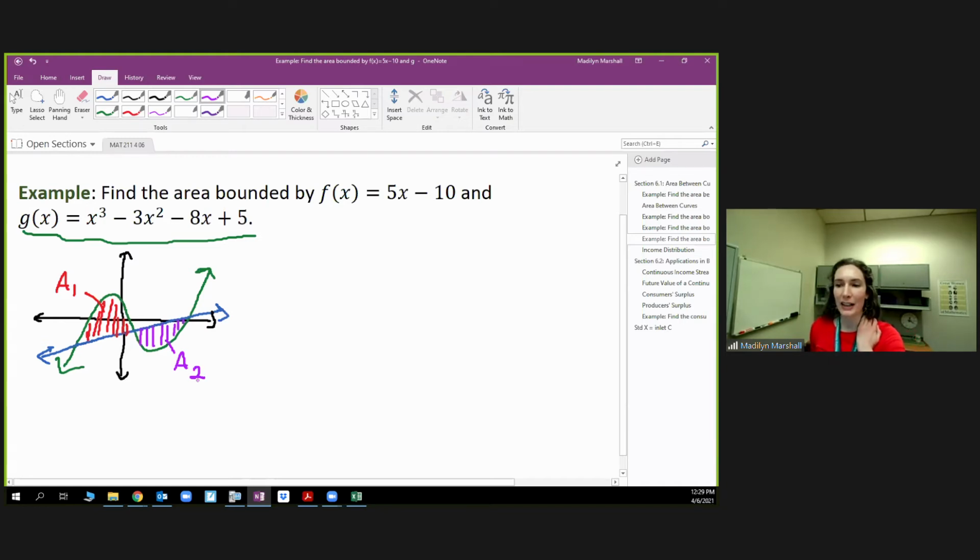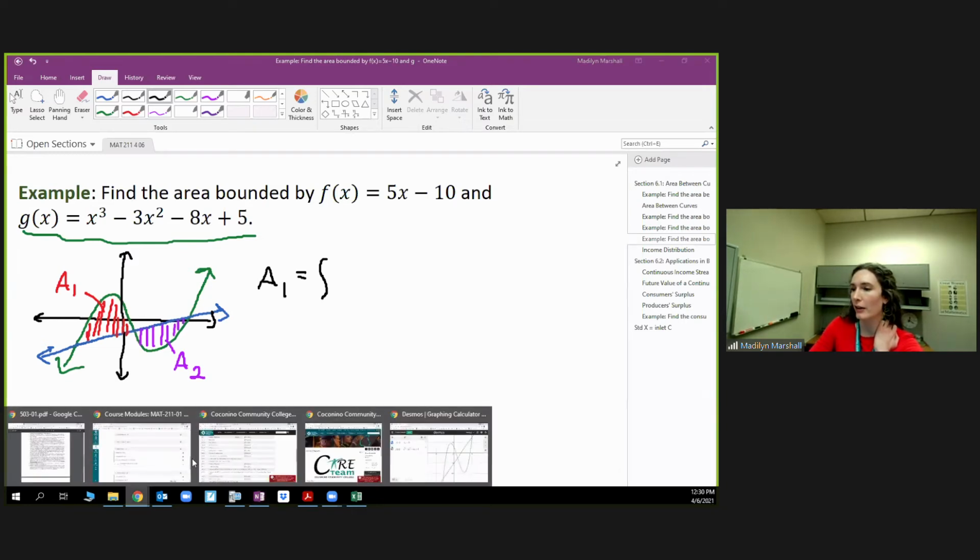We actually can't calculate those areas at the same time. So this is another situation where we need to know from where to where we're integrating over. So we're going to look for the x values where each of these intersections happens.